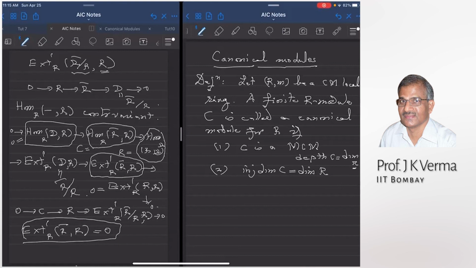C is finitely generated, and C is a maximal Cohen-Macaulay module. And there is one more condition: the type of C is 1. So type of C by definition is equal to the dimension of Ext^d_R(k, C).